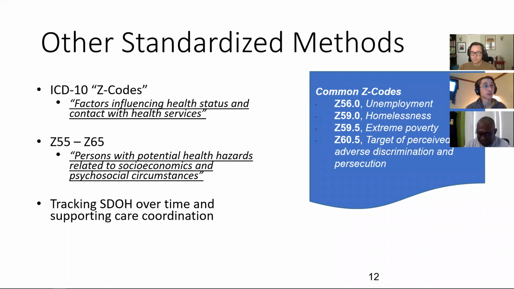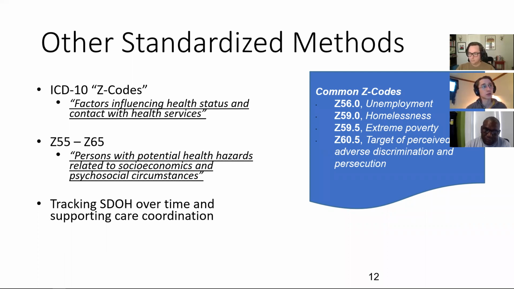So here on this slide, we talk a little bit about the Z codes, which are a subset of ICD-10 codes, which are the standard medical classification tool, which provides a really specific set of diagnostic coding that reflects and is related to the social determinants of health.